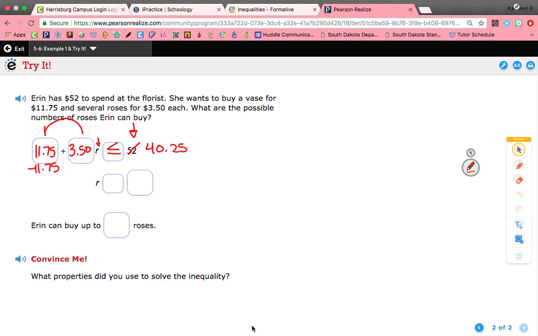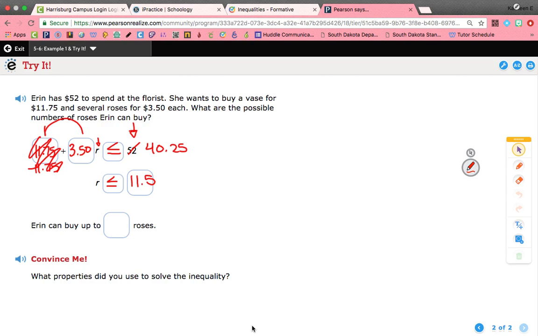So this is gone over here, and we have 3.5R equals 40.25. This is per rose, so I know per means to multiply, so I'm going to do the opposite. I'm going to divide by 3.50, and I'm going to get that R is less than or equal to 11 and a half roses.